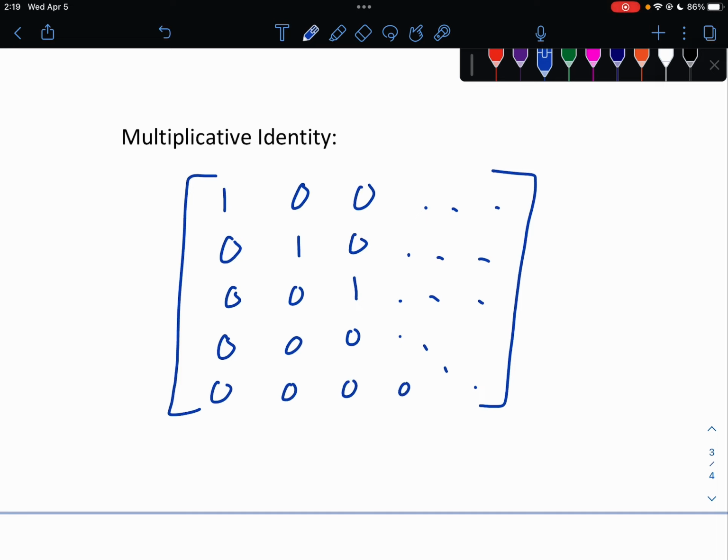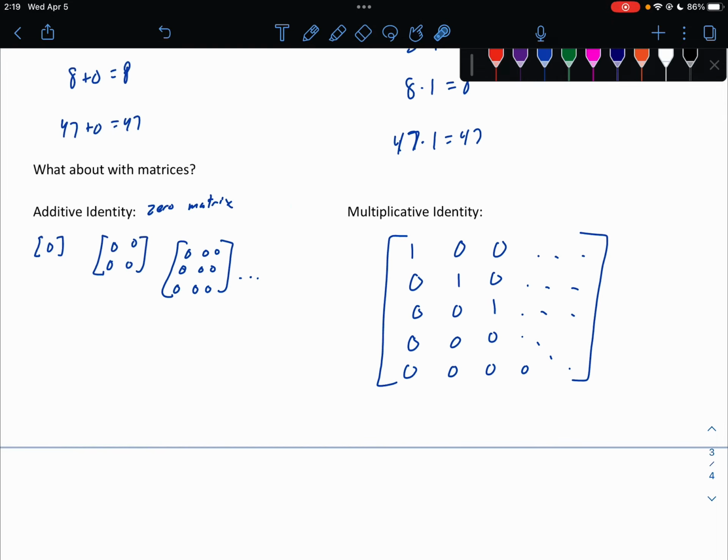And so forth and so on, however many we have. So if it was just a 2 by 2, you'd just be using this part. A 3 by 3 would be this part. A 4 by 4, a 5 by 5, 6 by 6. The diagonals would be 1 and everything else would be zeros. And if you multiply it by that matrix, you're going to get the exact same matrix back.